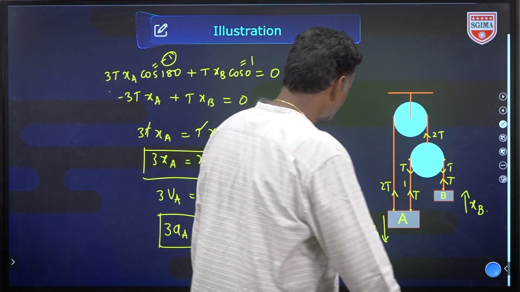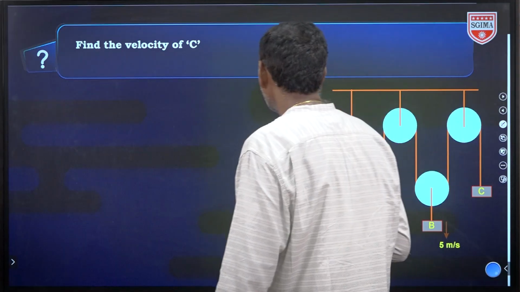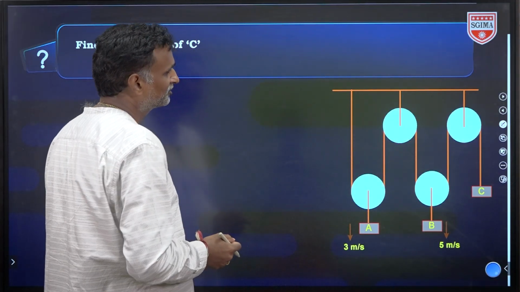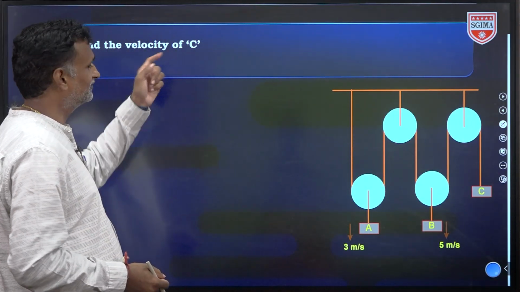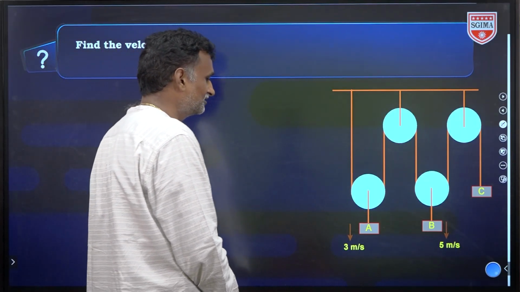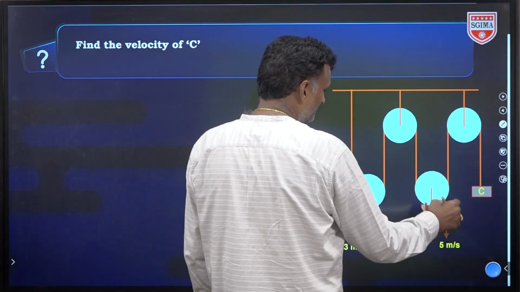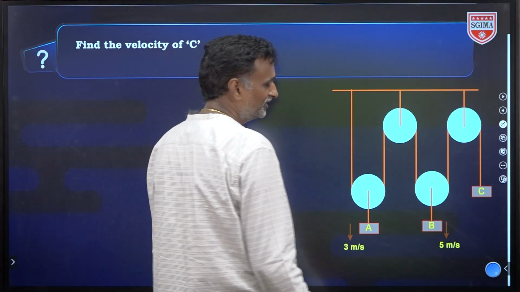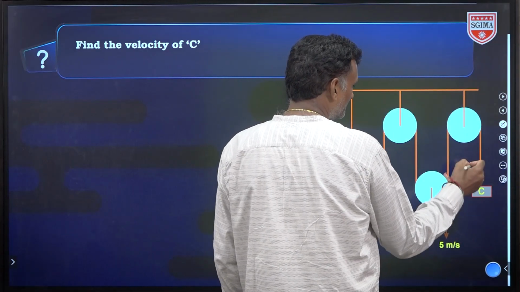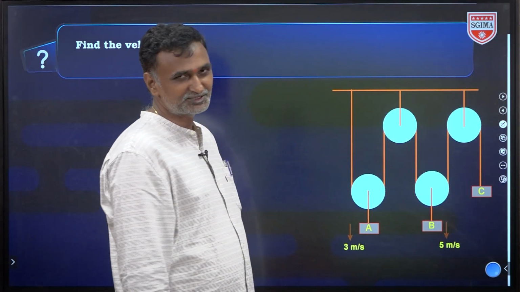Next, here it is one more complex pulley, in which find the velocity of C, it is given here. So, now let us take here velocity of A downward 3 meter per second and B also downward 5 meter per second, and C we do not know whether it is going downward or upward, we need to find that velocity direction also.